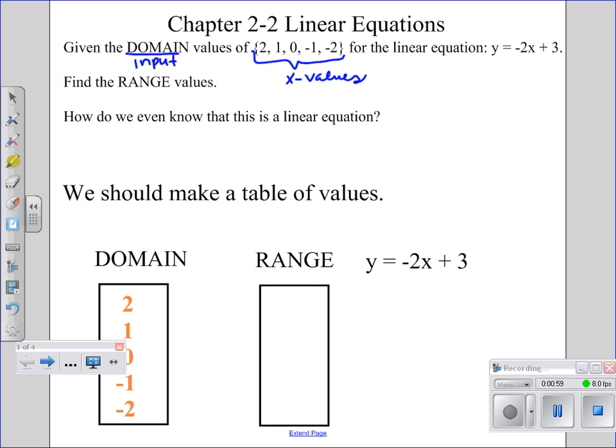So in order to find the range values, which are our y values, we're going to plug in each value of the domain into the actual equation.